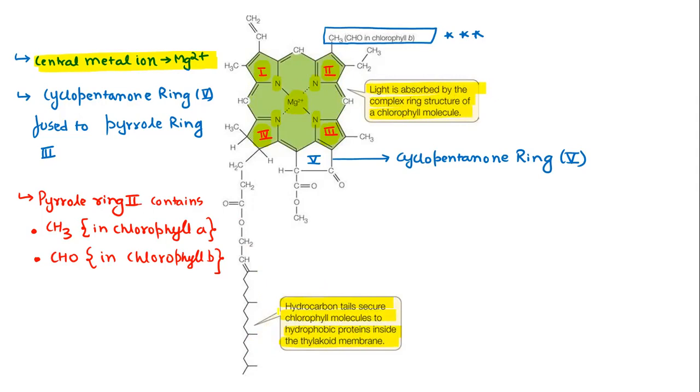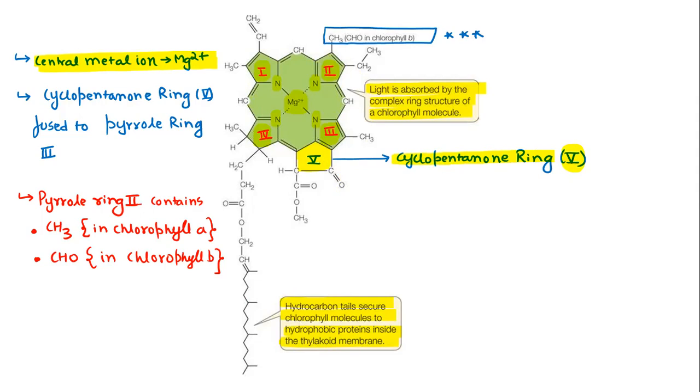Now, apart from these 4 pyrrole rings, I hope everybody is able to see this particular ring, which resembles the 5-carbon ring, for which we use the word cyclopentane, and therefore we have the word cyclopentanone ring. And why has the number 5 been given? Because there are already 4 cyclic rings called pyrrole ring 1, 2, 3, and 4, and this fifth one resembles the cyclopentanone ring.